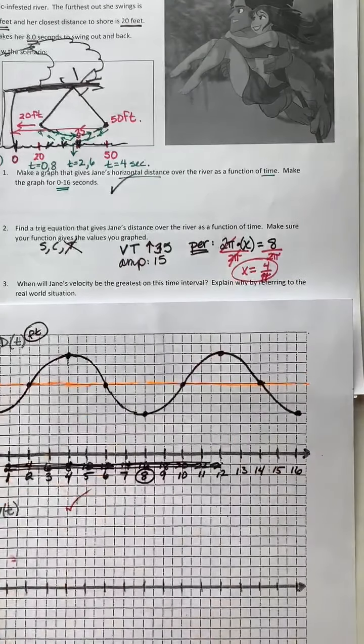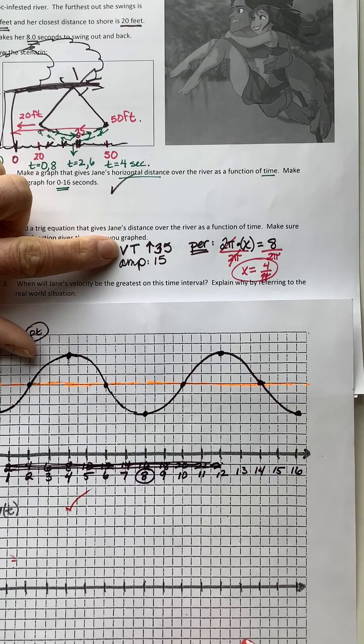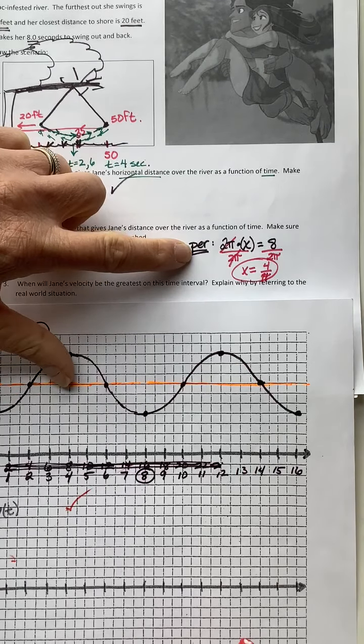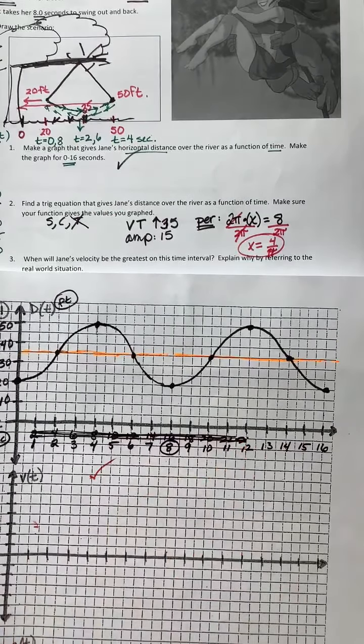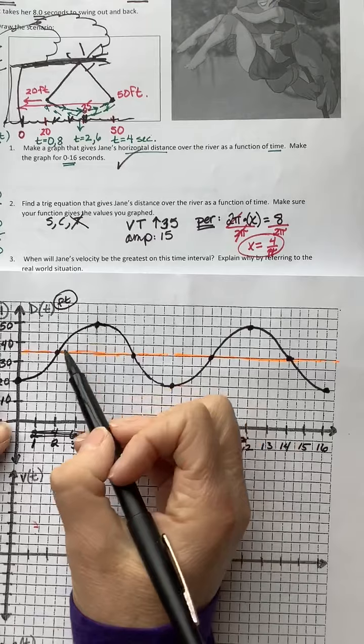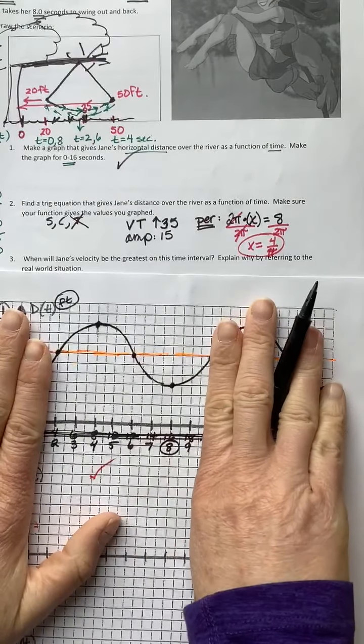All right, important. So we have our translation, we have our amplitude, we have our period, or what's going to change it. Now we need to determine if this is going to be sine or cosine. When I look at this, I know that sine starts at 0, ends at 0.